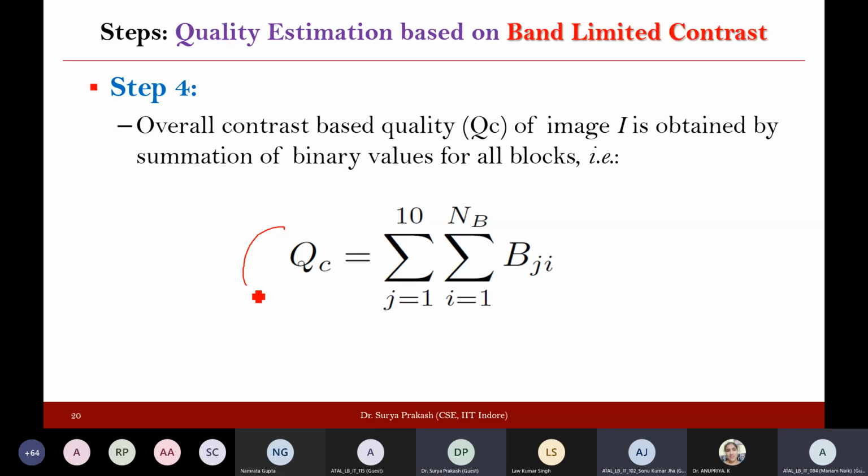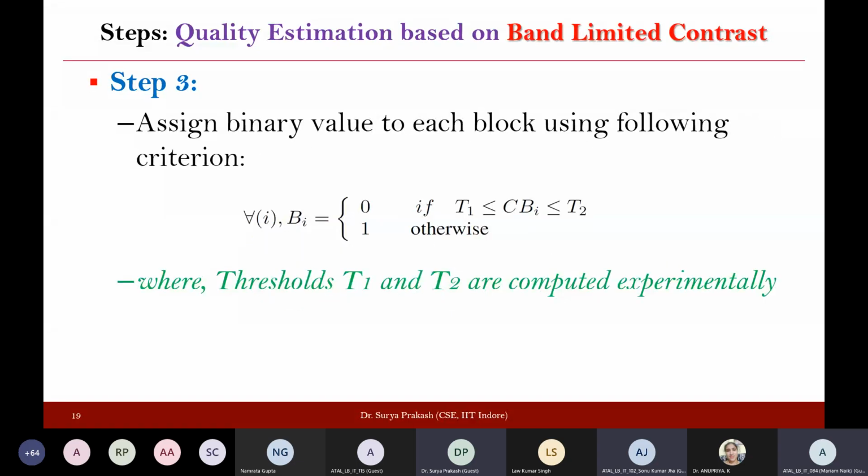The value of QC basically tells how many blocks you have in your image which are having good contrast, and how many blocks you have which are having bad contrast. And before that, I told you, given an image, we are dividing that image into patches, and for every patch we are computing the contrast.